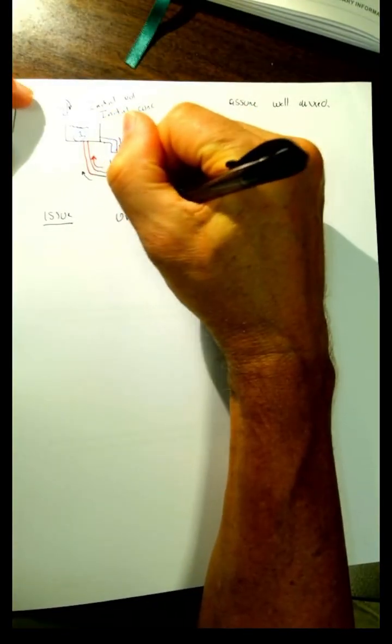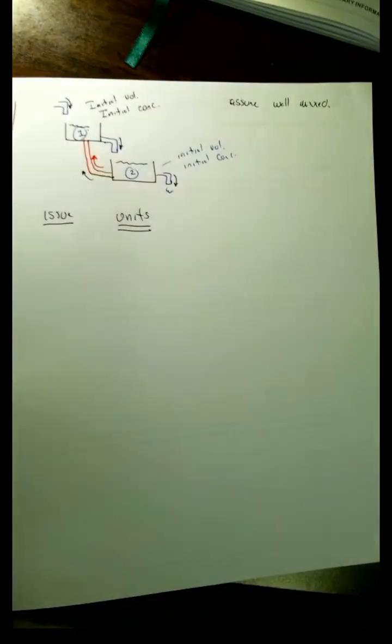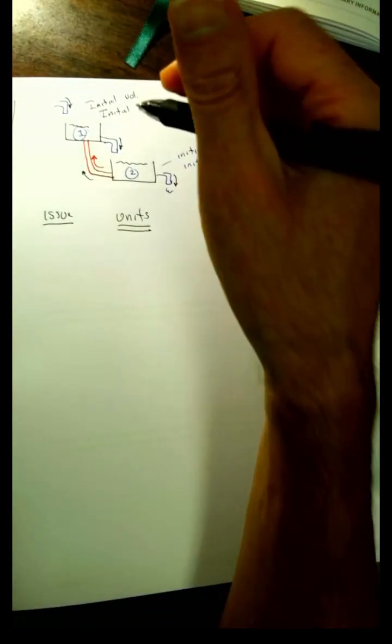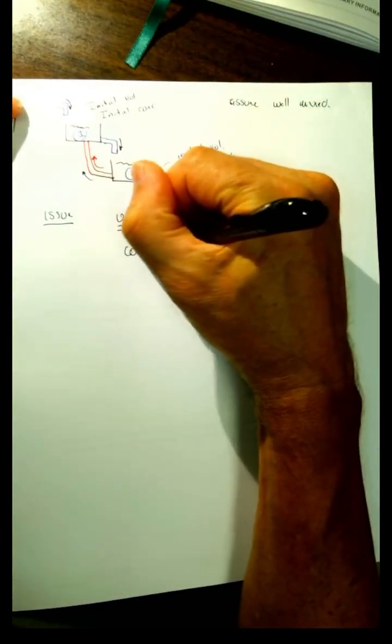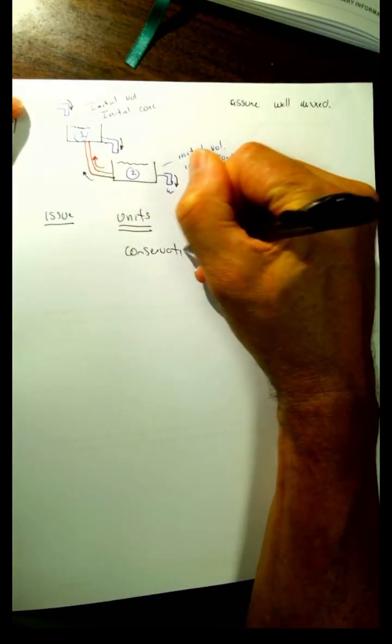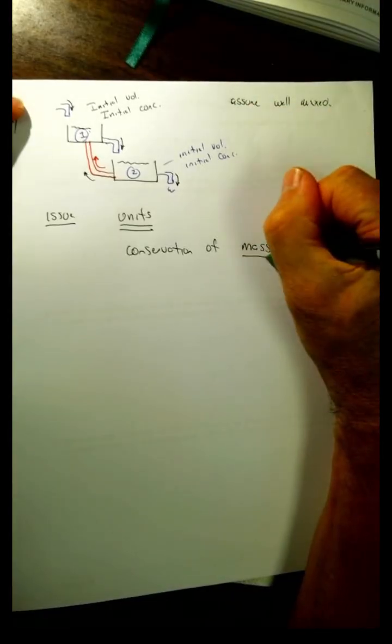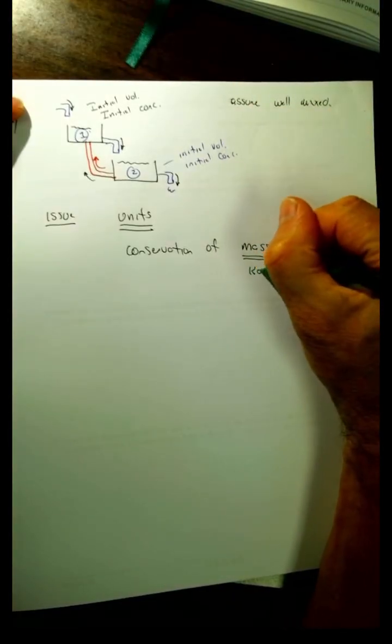Now this is going to be very confusing because the units are what's going to matter here. And the physical quantity or the physical law that we're going to apply here is conservation of mass. And the key word is mass. So we're conserving the number of kilograms of stuff.